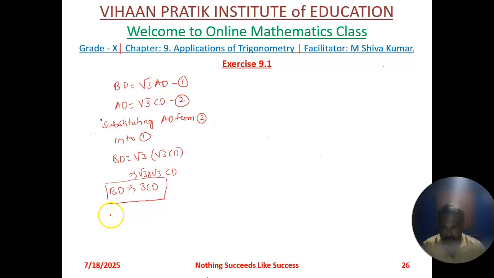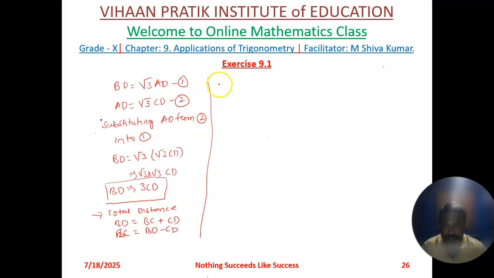But what we know is that the total distance BD equals BC plus CD. Now from this we can find out BC equals BD minus CD.